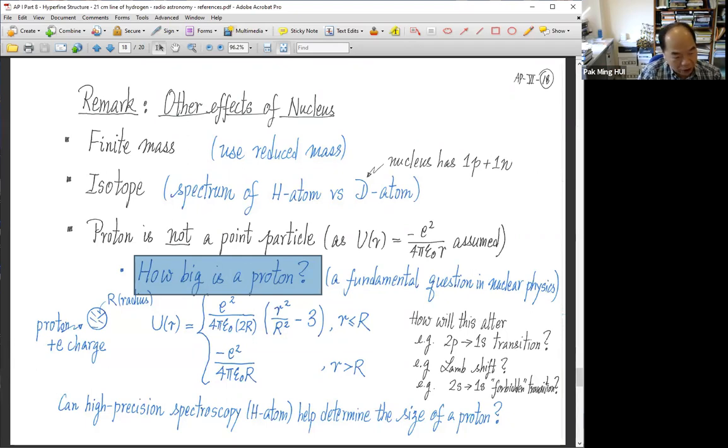We are quite sure that it should be something like 0.8 something Fermi, meaning I think 10 to the minus 15 meter. Okay. So we are quite sure that it is 0.8 something something. But the problem is, what is that something something?